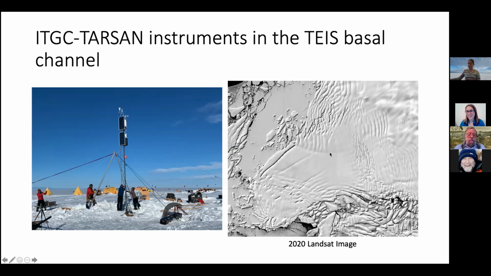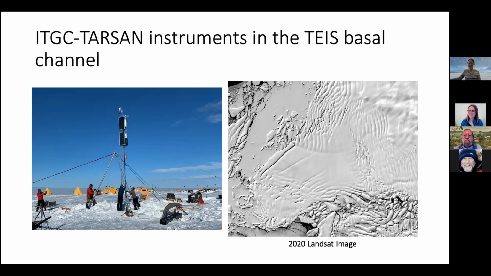With our field team going out this year and watching these really big ones, our camp sits right here, so it's headed towards that. So we're keeping a really close eye on this because we are seeing such rapid change on the eastern ice shelf. But the answer there is we didn't go where it wasn't safe, and there was enough room that was safe that we were able to work there.